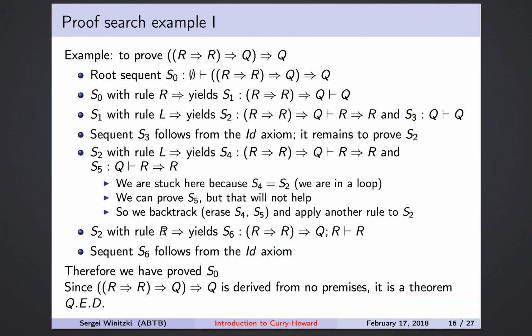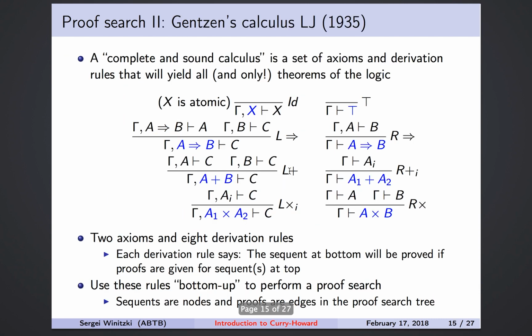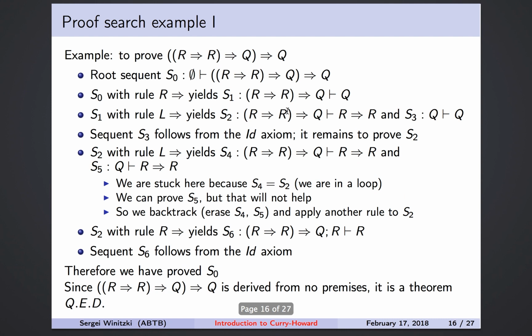If we do that, we get a sequent S6, which is this. This sequent immediately follows from the identity axiom, because it has premise R on the left and goal R on the right, and that is this axiom: whatever other premises, and then premise X on the left, X on the right, where X is a type variable. So that's perfect. We have done the proof.